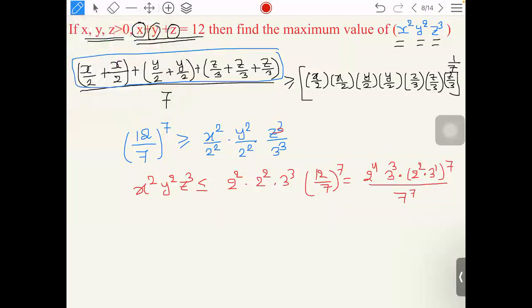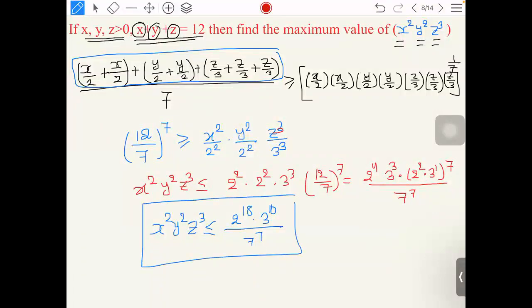Or we can rewrite it as x squared, y squared, z cube is less than or equal to 2 raised to 14 plus 4, 18, 3 raised to 7 plus 3, 10, divided by 7 raised to 7.